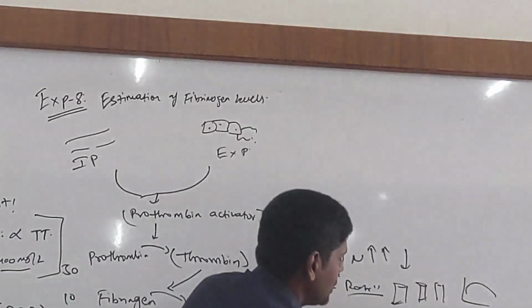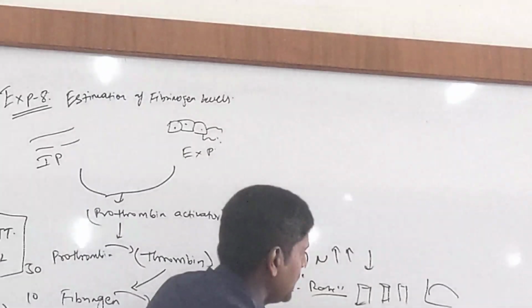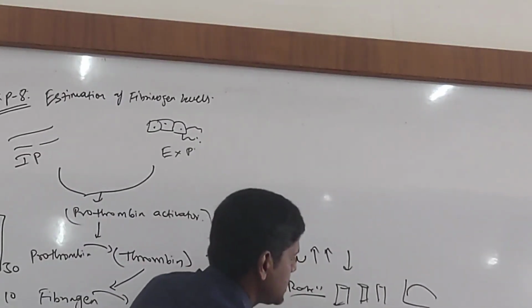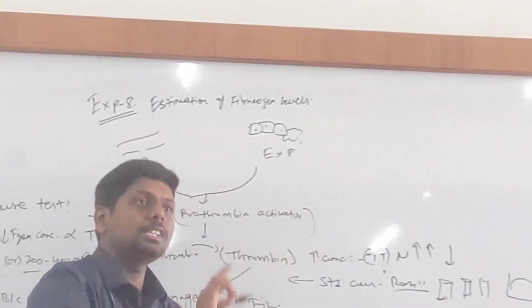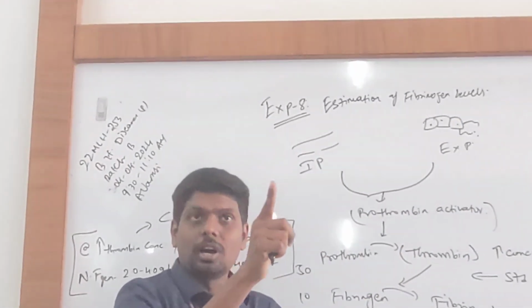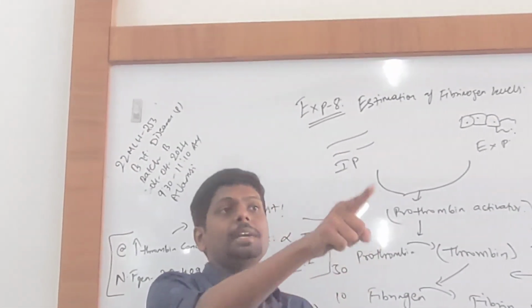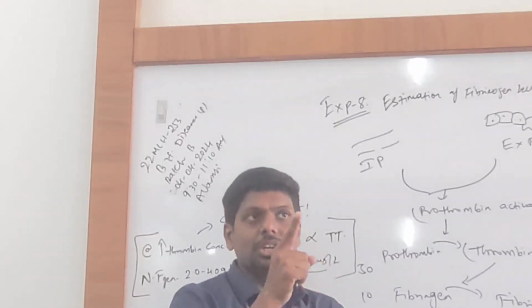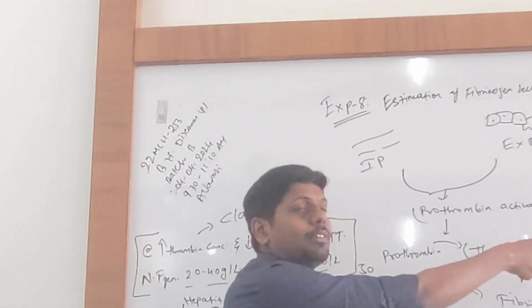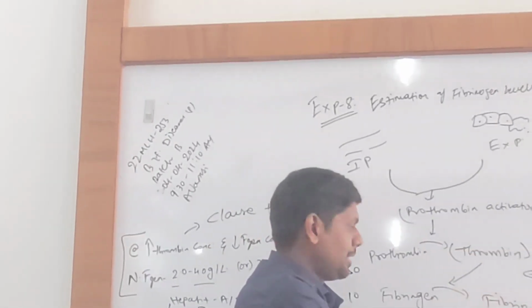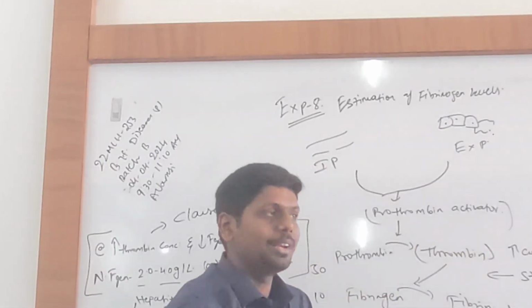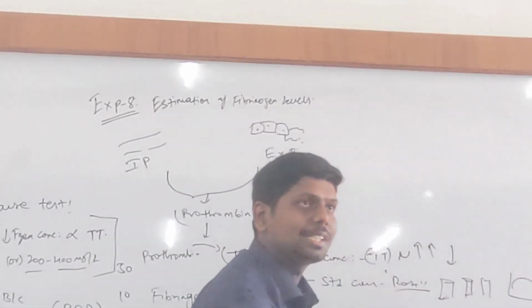I need to check with PT. In case of thrombin issue, the thrombin time will be reduced. Reduced thrombin time indicates an issue with the conversion of fibrinogen by thrombin. So TT will be useful in that case.